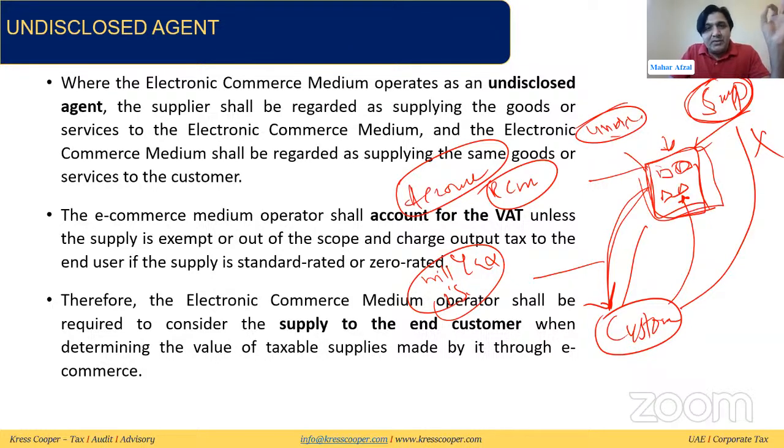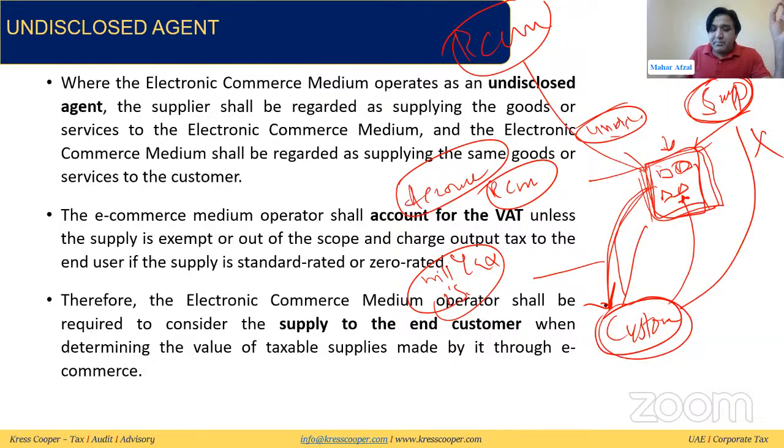So unless the goods are exempt, unless the goods are out of the scope, for the zero rated supply and for the standard rated supply, when this platform operator is receiving the goods, the platform operator will apply a reverse charge mechanism. When these goods are being supplied to the end user, the platform operator will charge 0% VAT, or will apply 5% VAT, unless the goods are exempt and unless goods are out of the scope.